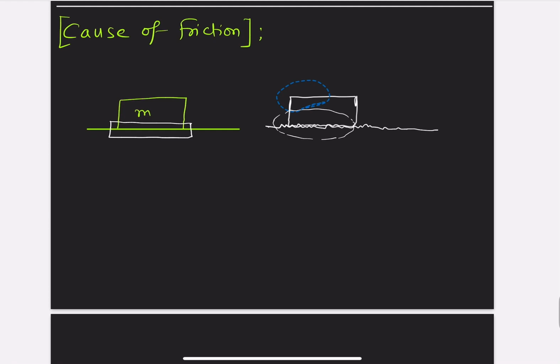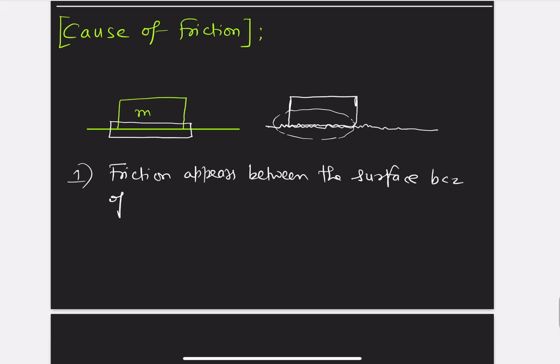So the first thing that I would write here is that friction appears between the surfaces because of the granular unevenness of the surfaces of contact.